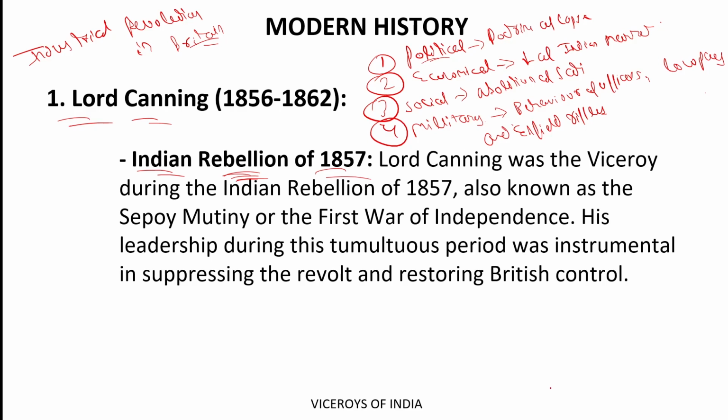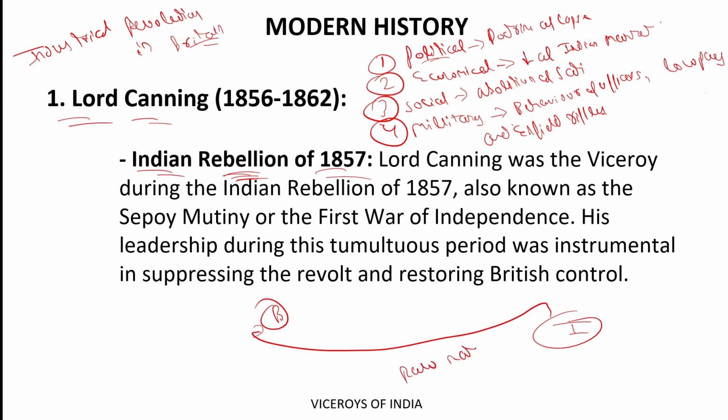Okay, so what was happening? If this is India, this is Britain. The raw material was being exported to Britain, which was cheaper, and the finished goods were coming to India, which were costlier.